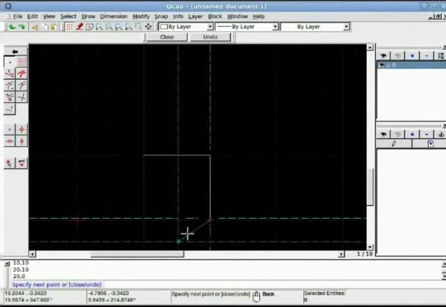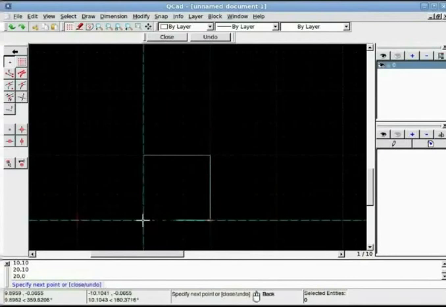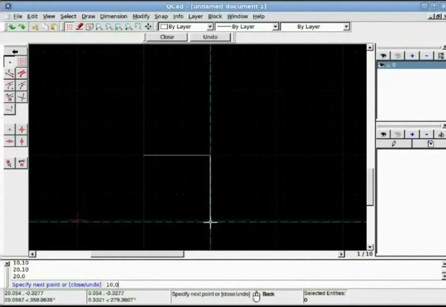Now again to go horizontal in the 9 o'clock direction, for the next point I will put 10, 0. Here the y-axis won't change and the x-axis will be minus 10 in relation to the previously drawn point.